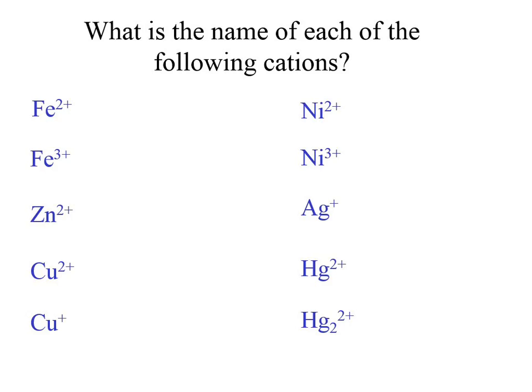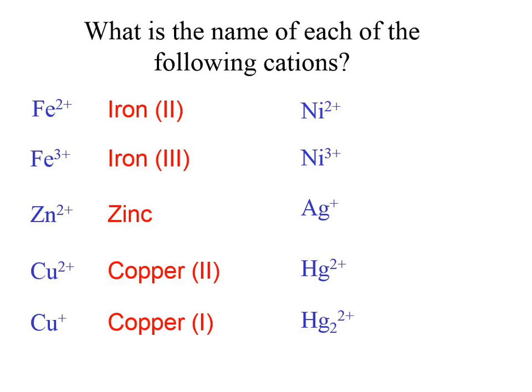Roman numerals or no Roman numerals? Yes. So it'll be iron 2, and I'll put iron 3 there. That brings us to zinc. Roman numerals or no? No. Just zinc. Very good. Copper, Quade? Yes. So copper 2, copper 1.